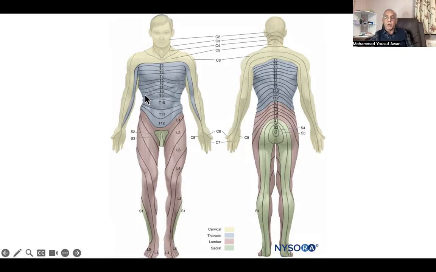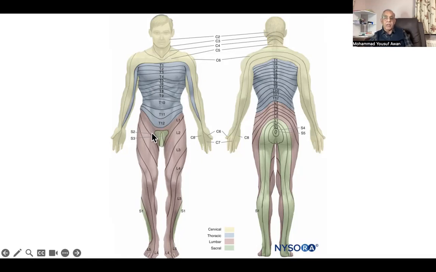From the lower part of the chest, at the rib levels, to the umbilicus is T10 to T12. From the umbilicus to the inguinal ligament is T12 and L1.